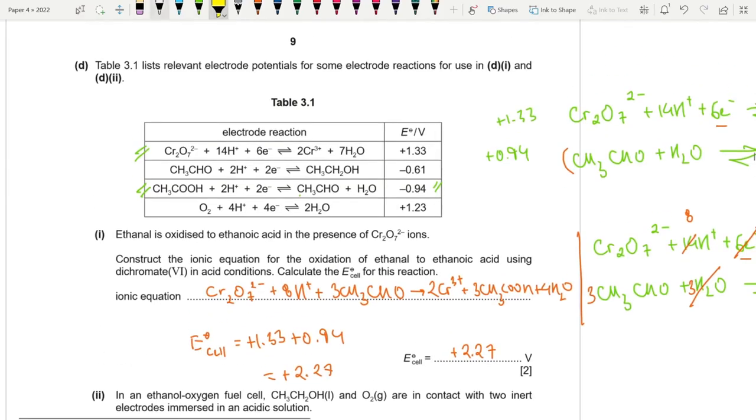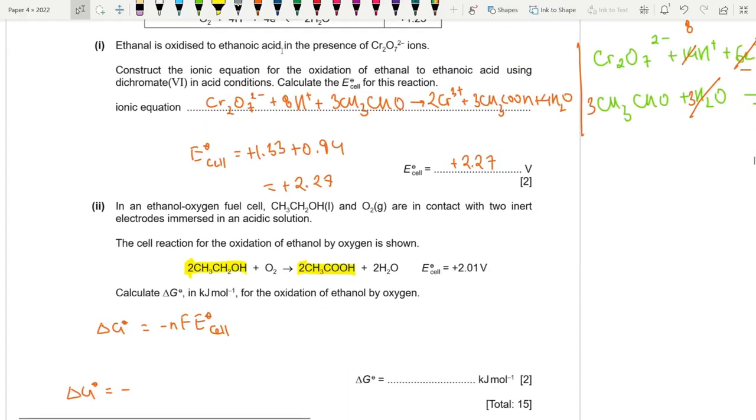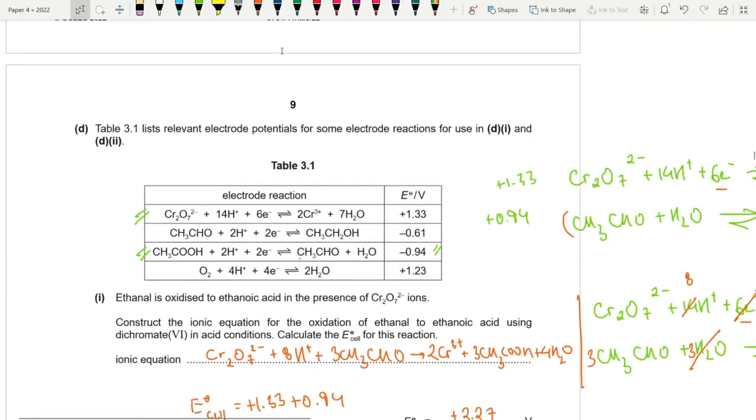So ethanol plus oxygen, do you guys understand? So that is here, ethanol to ethanoic acid. So ethanol does not go to ethanoic acid directly. Ethanol will turn into ethanal first, then ethanal will turn into ethanoic acid.